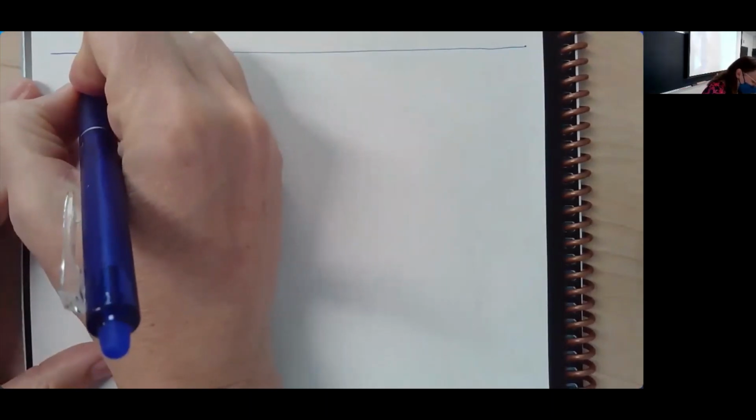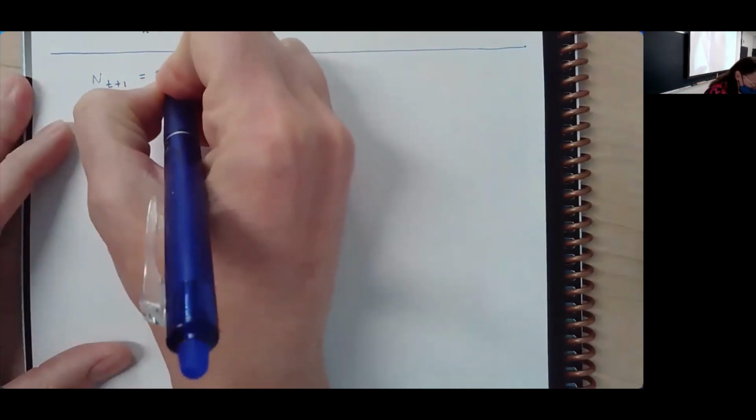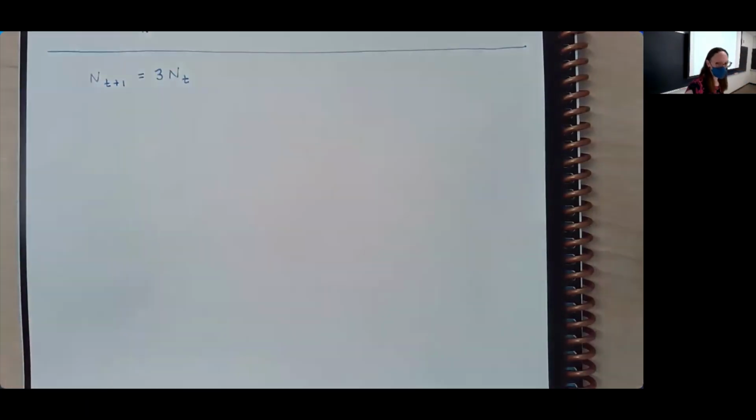A recursively defined sequence, that word recursive just means that we're going to get an answer, and to go on and move forward in time or move to the next step, I'm going to use the answer that I just got. So as a really simple example of a recursive sequence, I might have something like n sub t plus 1 is equal to 3 times n sub t.